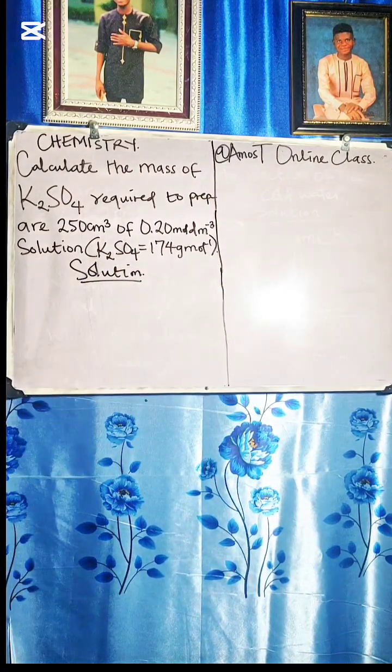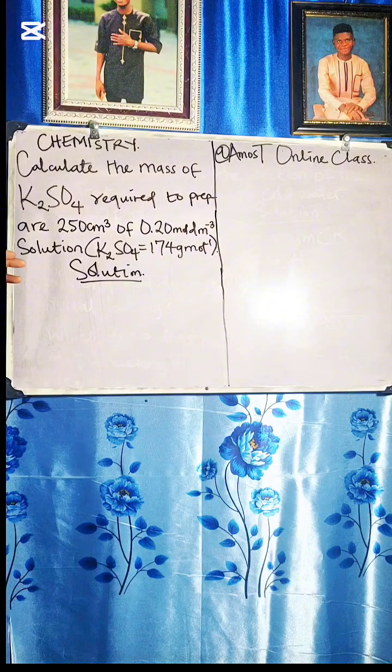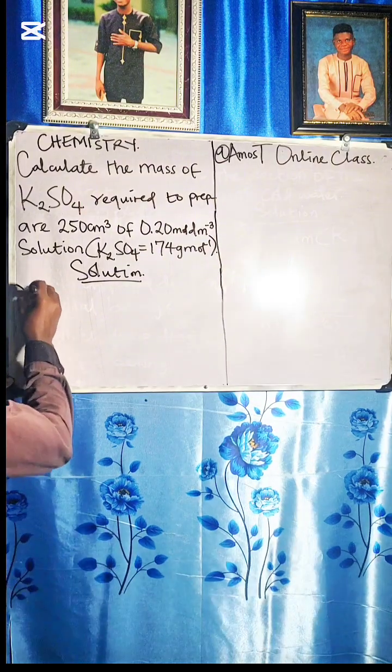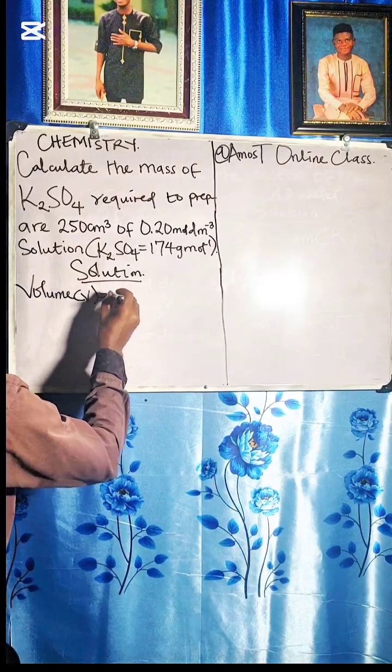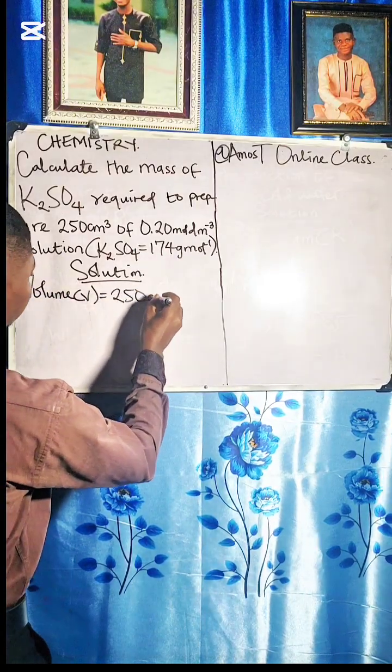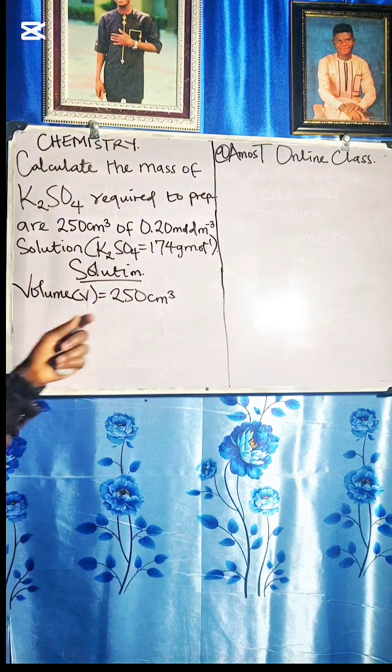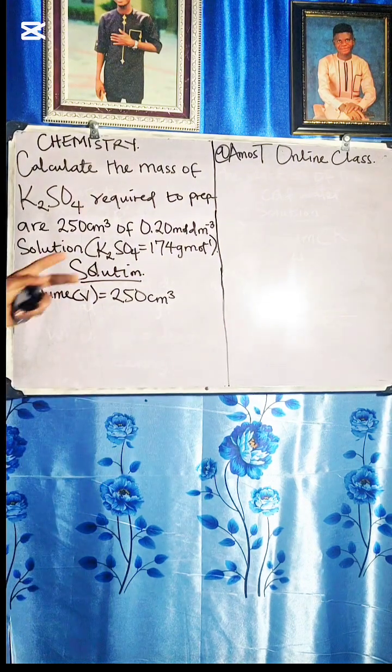So let's get our data. The question says calculate the mass of potassium sulfate required to prepare 250 cubic cm. That is the volume of solution required. Then 0.20 mole per cubic dm.